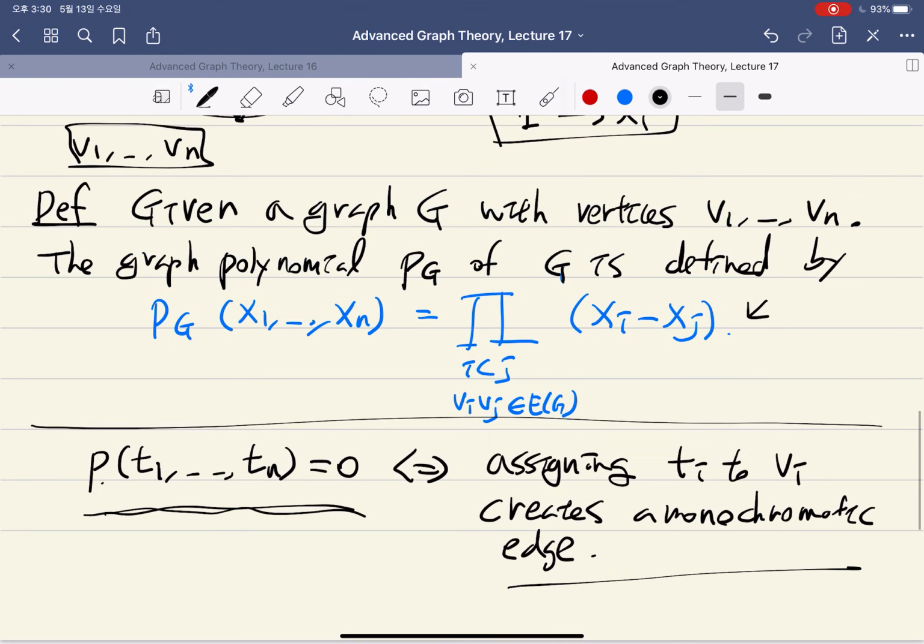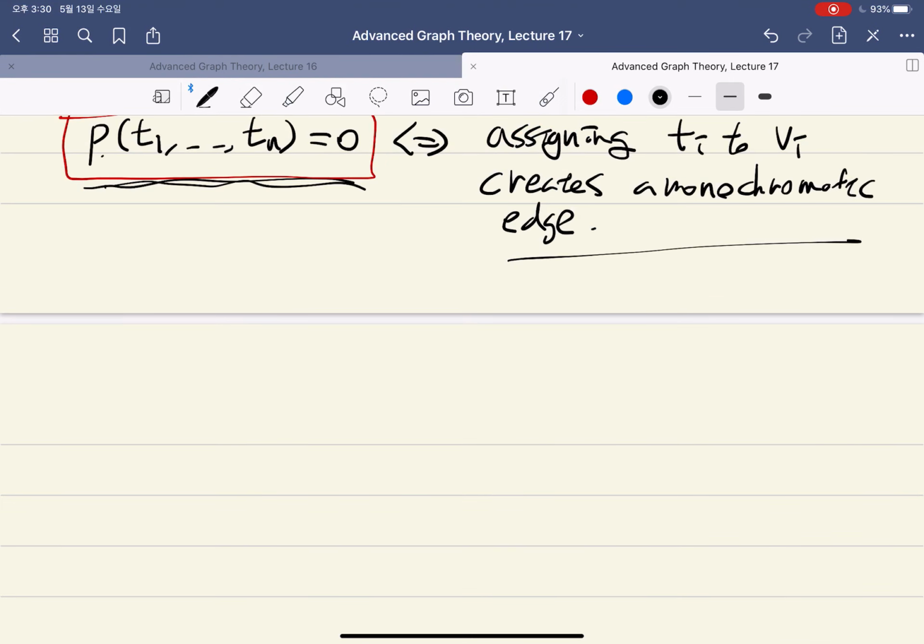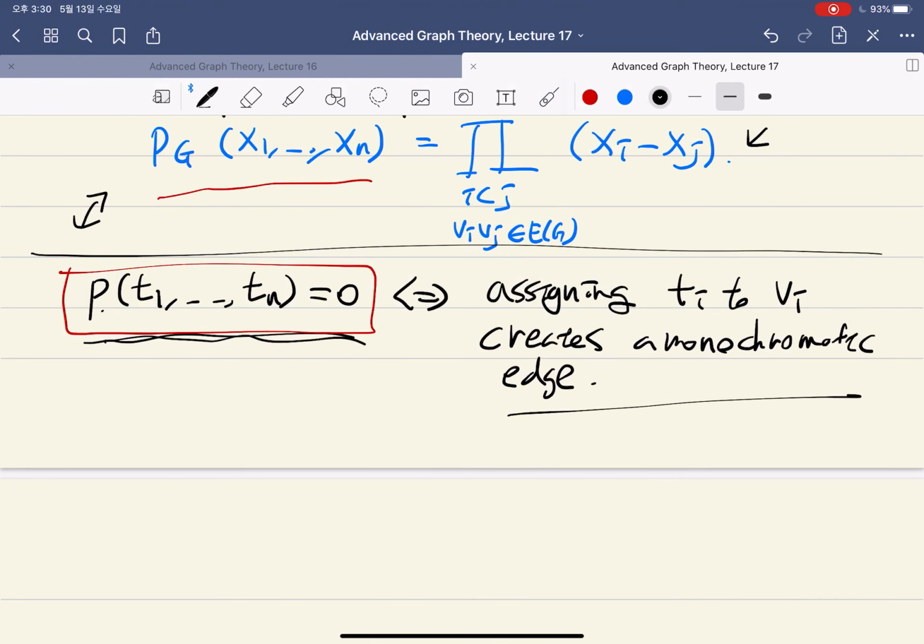So this polynomial is related to the chromatic number of G, or coloring of G. More correctly, we are interested in when this polynomial vanishes and when it does not vanish. So that's the relationship between this polynomial and the chromatic number.